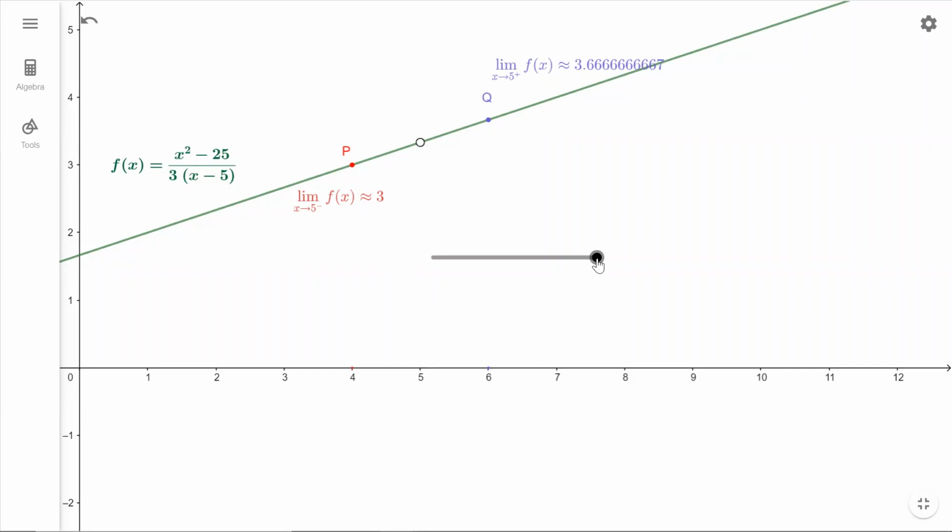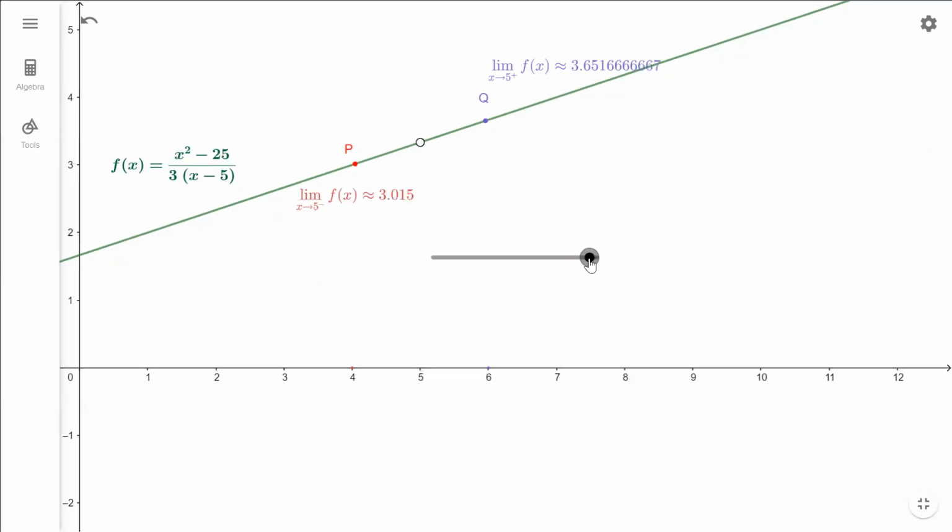Since we can't substitute 5 directly, we will try to substitute the nearer values, values that are near to 5. So we start from 4 and from 6, and go slowly nearer to 5 from both sides.